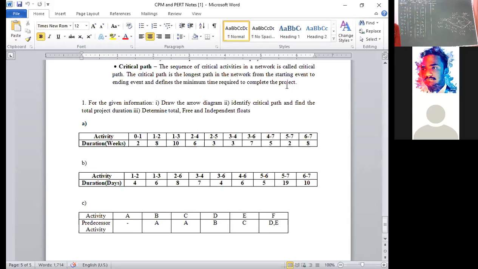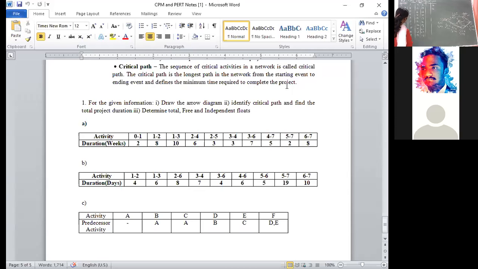Anyone is asking anything? Lakshmikant. Ma'am, for 5 to 7, the earliest finish time is 15. 27 was a mistake, it is 15. 2 plus 30 is equal to 15, ma'am. The earliest finish time for 5 to 7. 5 to 7 it is 2.